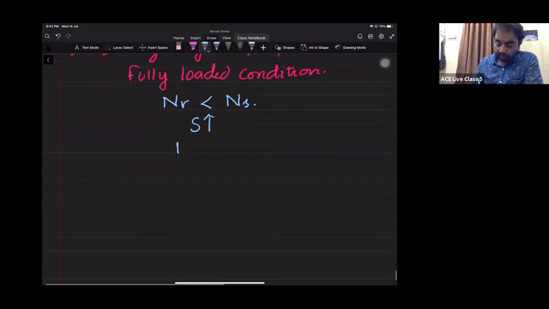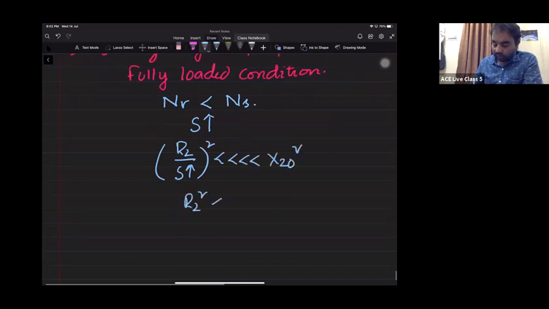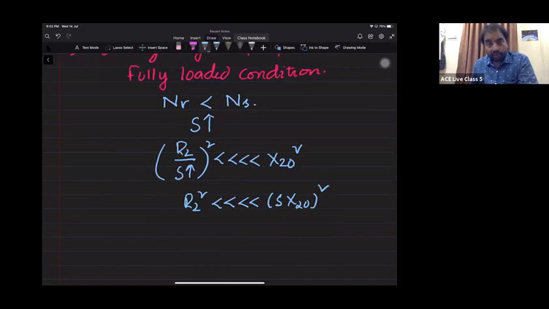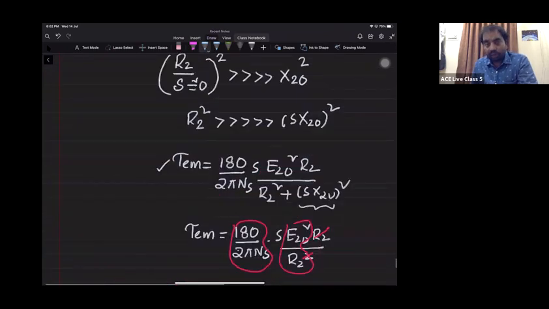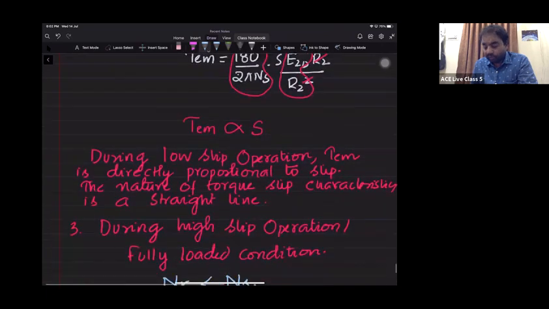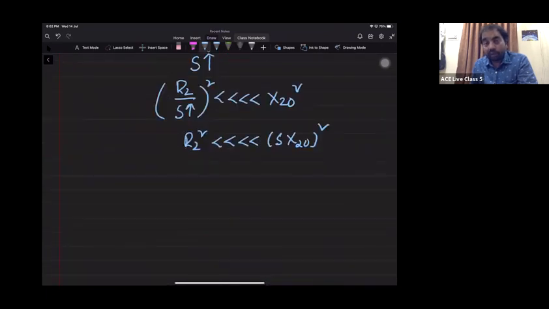When slip increases, (R2/S) whole square will start decreasing. Then here, R2 square will be much lesser than (S X2 naught) whole square, during high slip. So can I say during low slip, the resistive nature is dominating, whereas during high slip, the inductive nature is dominating. Is this point clear? Confirm me.